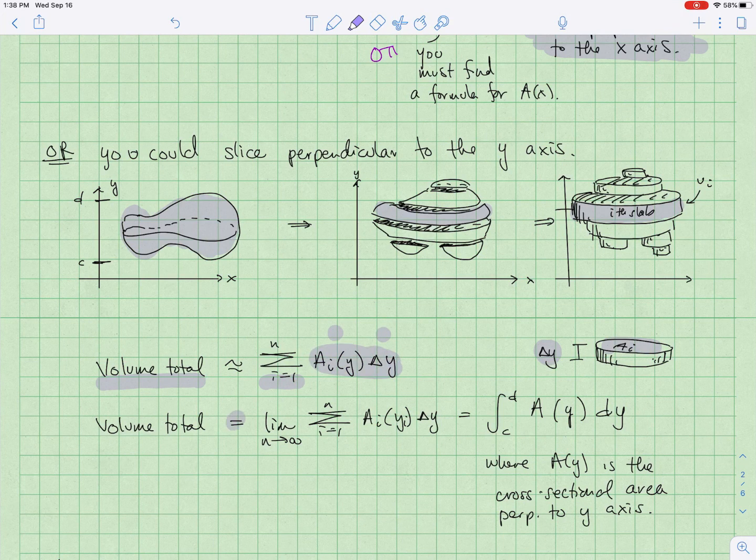If you take the limit as n goes to infinity, it becomes the definite integral from c to d, where c is the lower limit and d is the upper limit with respect to y, of all those cross-sectional slabs integrated with respect to y, where A of y is the cross-sectional area perpendicular to the y-axis.